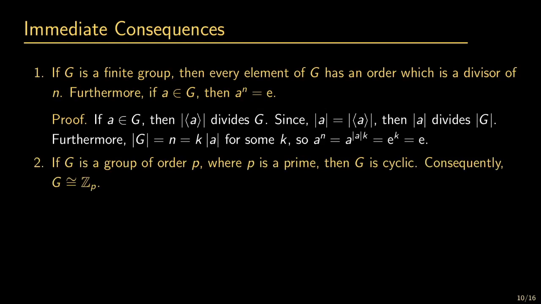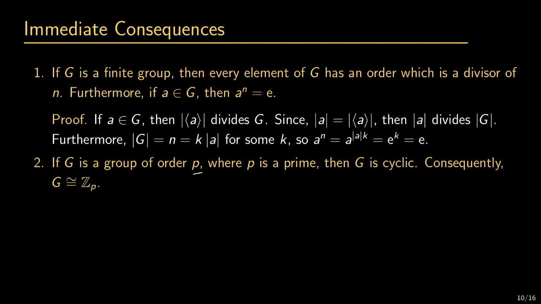A specific consequence is the fact that if the group G is of prime order, why is this nice? Kasi kapag daw ang group ay of order P, where P is prime, automatic yung group mo cyclic. Isn't it nice? Alam mo kaagad, kapag cyclic, very simple ang structure niyan.